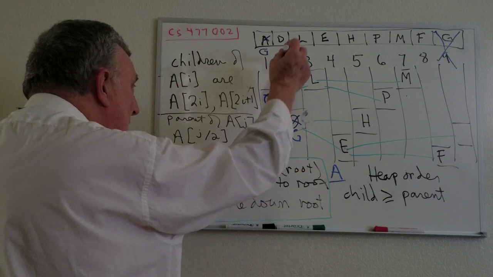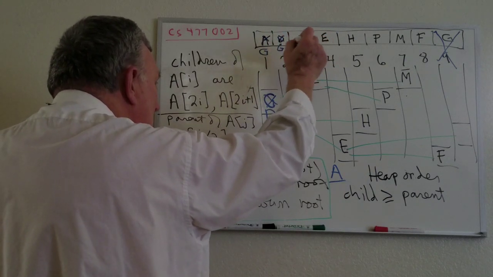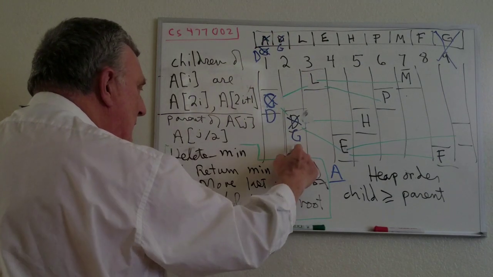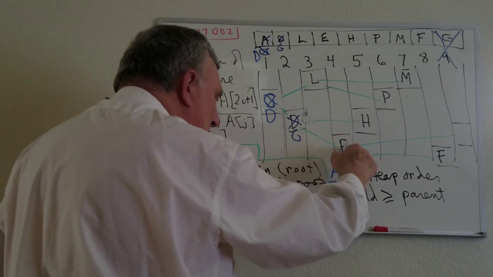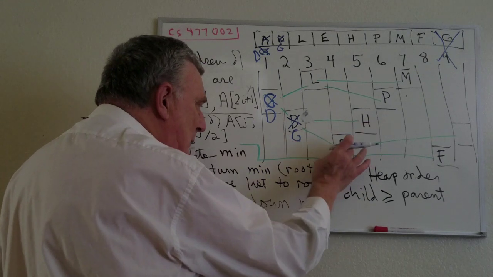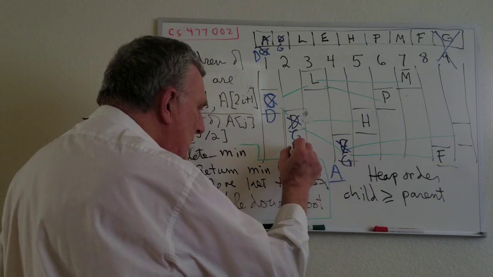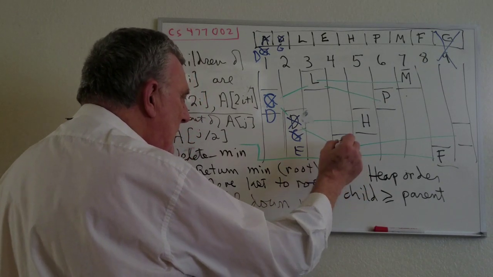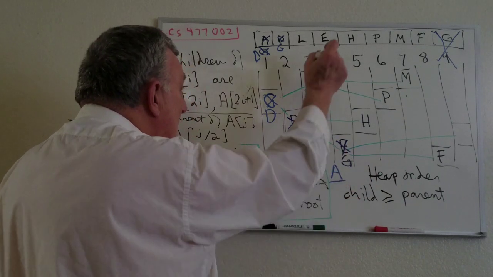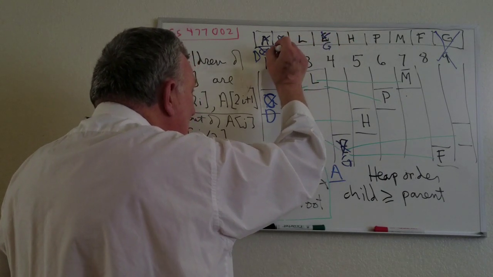And so now this position becomes G, and this position becomes D. Now we still bubble down here. We look at its two children, and we say, is there anything smaller than G? Well, H is not, but E is smaller than G. So we switch here, G, E, and now this position is G, and this becomes E here.